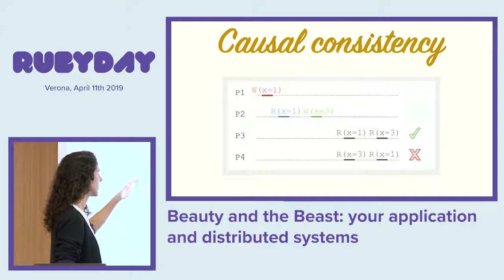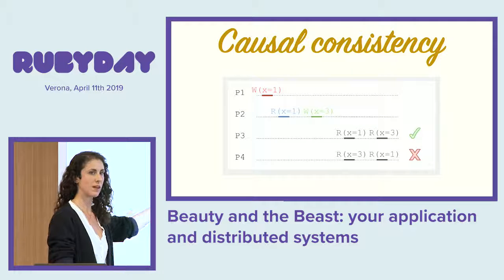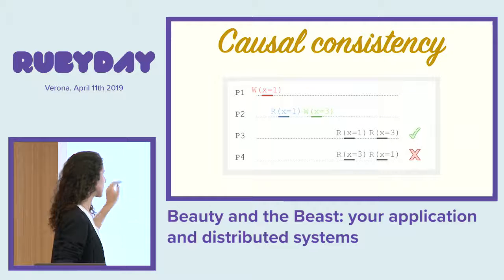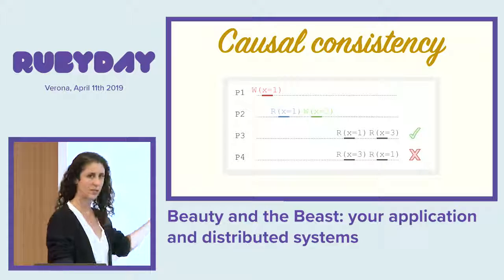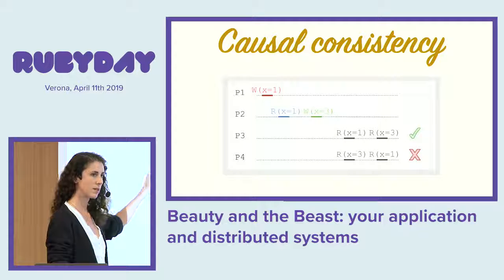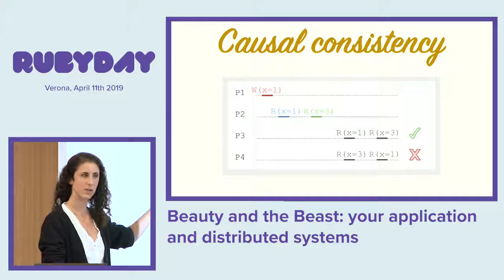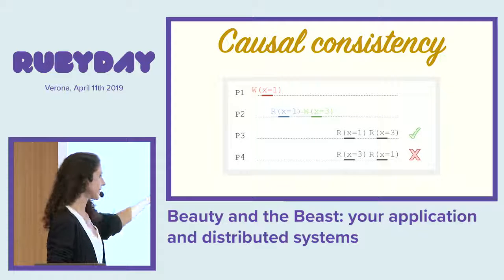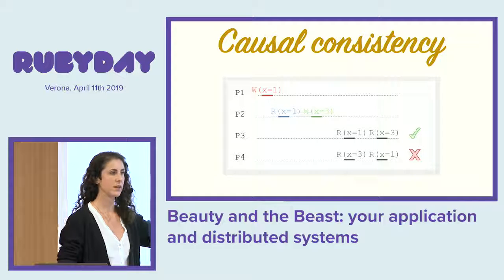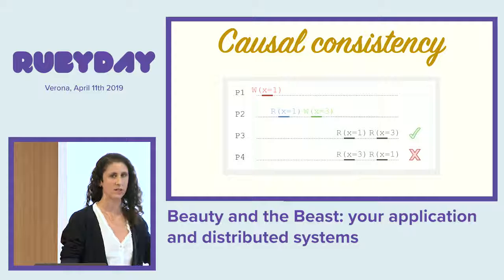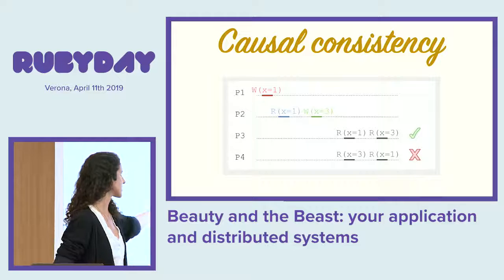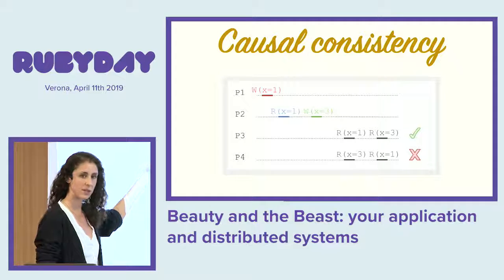In process 2, I read x equals 1, and then I write x equals 3. If this is causally consistent, then in process 3, I must read the result of process 1 before I read the result of process 2. So in process 3, I read x equal 1, and then x equal 3. Process 4 is not causally consistent because it reads the result of process 2 before the result of process 1.